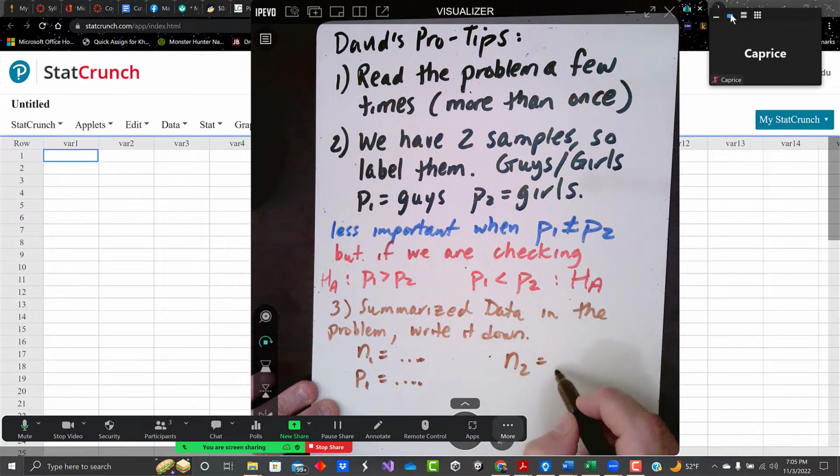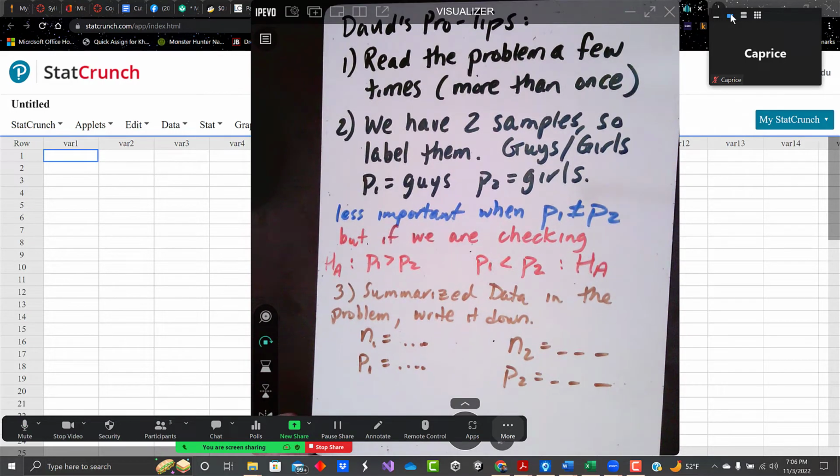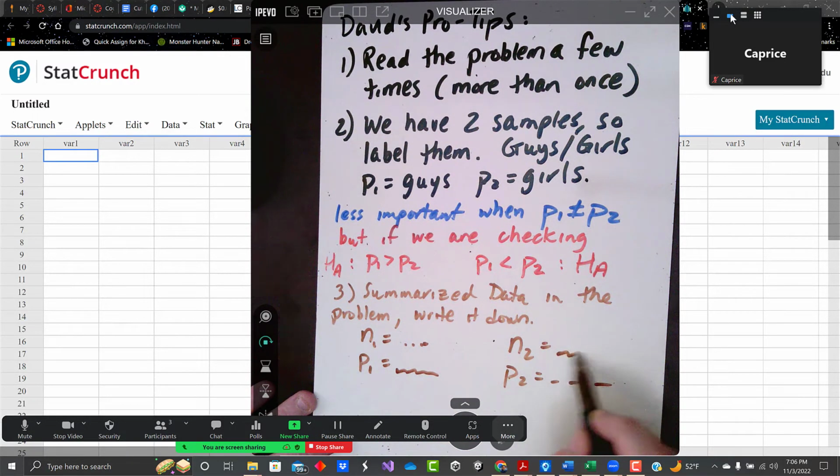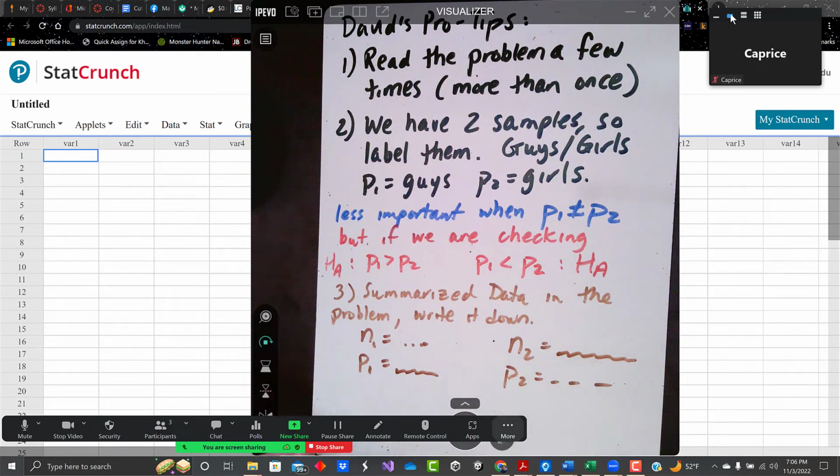N2 equals dash dash dash. P2 equals dash dash dash. That makes it sound like they're the same. There we go. Different symbols.